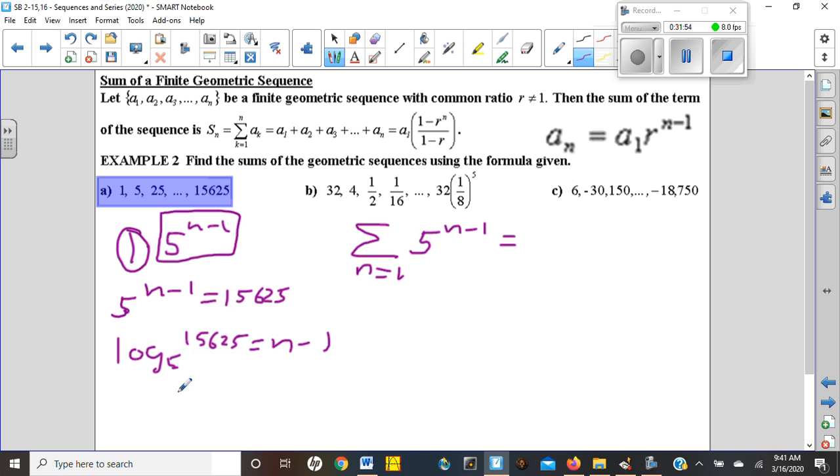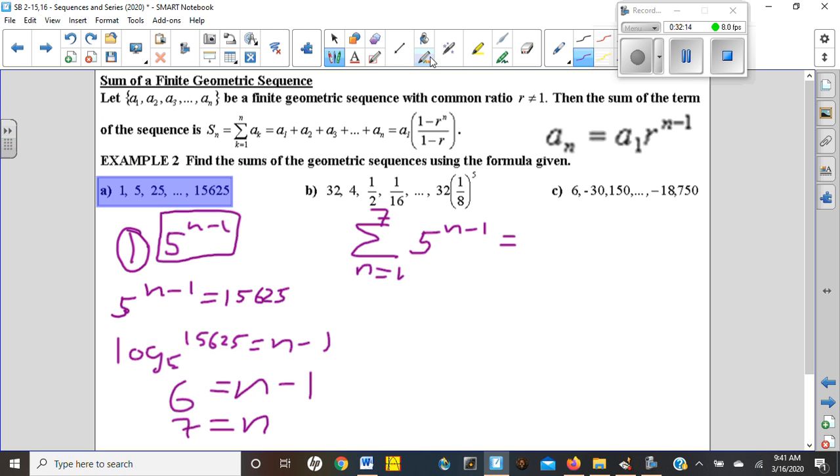So I'd love to tell you that we're completely done now. Some people do stop one step too early, but remember, we've only solved for n minus 1. We need to add 1 to really, truly finish off the process. So we're 7 terms out, and now that we know that, we can go and finish this problem, okay?